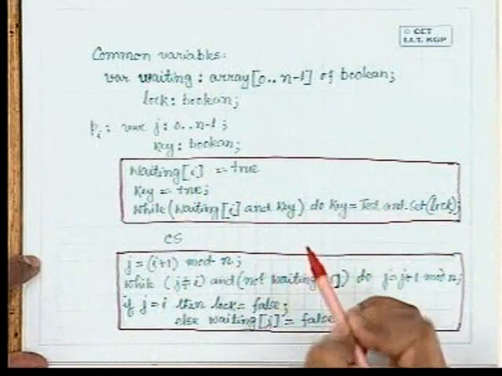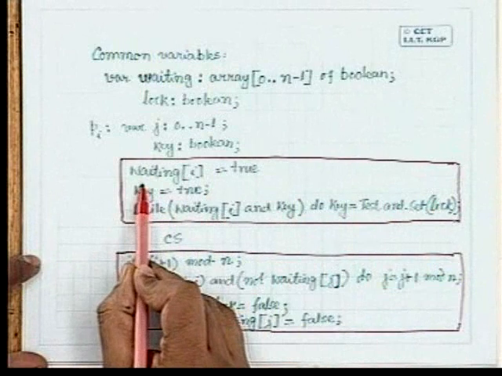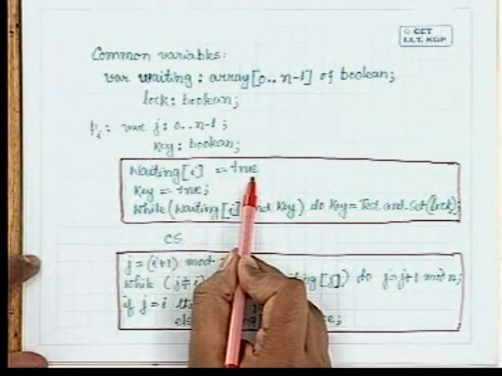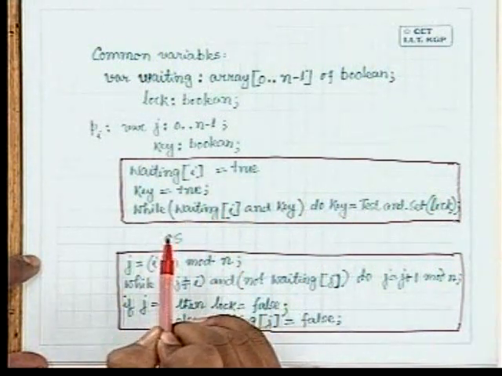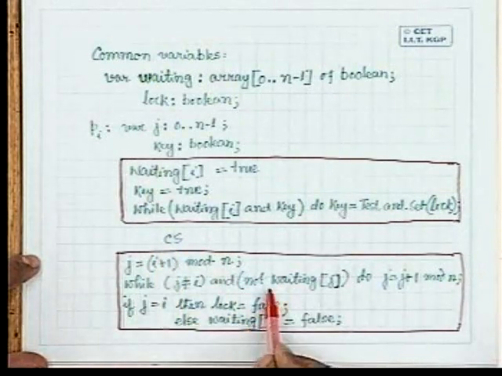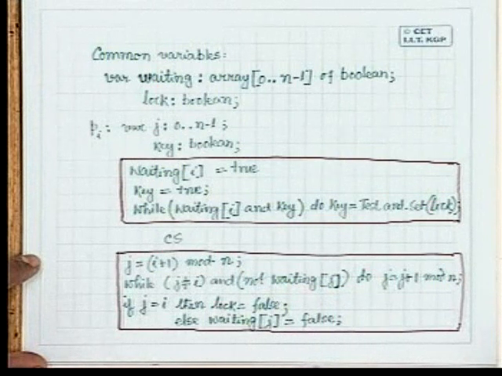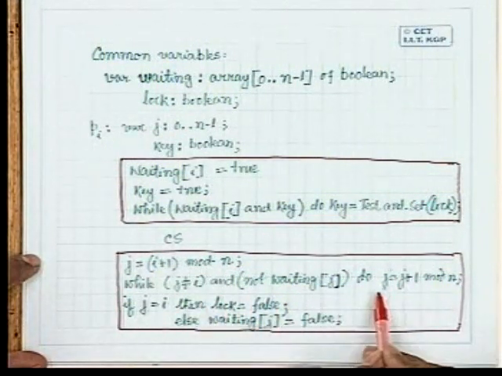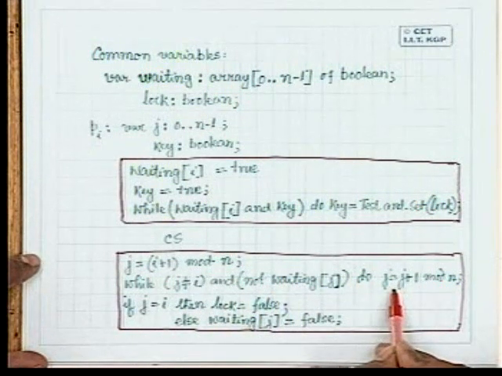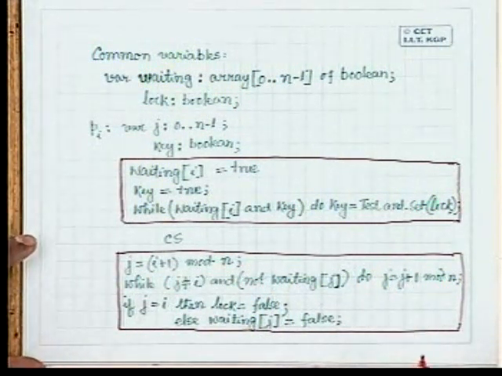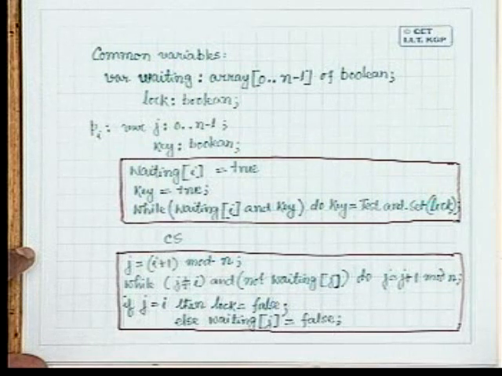So if the jth process is willing to enter the critical section, it would have set waiting[j] equal to true in its own entry section. So here, if it finds that waiting[j] is equal to false, that means the jth process does not want to enter the critical section. So you check the next process in the sequence. So that is why you execute this statement that j equal to (j plus 1) mod n. That is to come to the next process in the sequence. And how long should this continue?